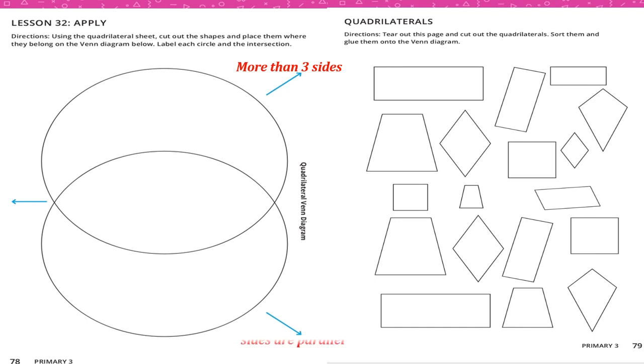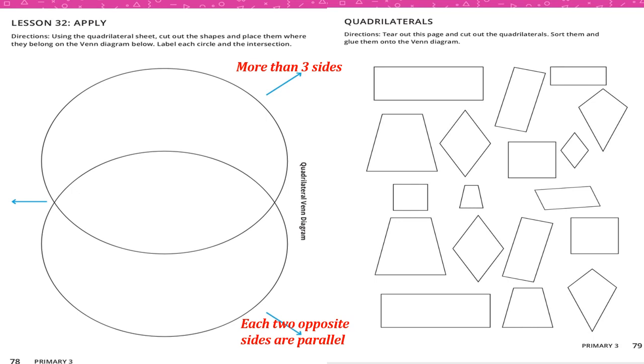In the next circle, we will put the shapes that have each two opposite sides are parallel. Only the shapes with each two opposite sides are parallel I can put here in the second circle. But focus with me. Between two circles, we have here intersection area. This is called intersection.